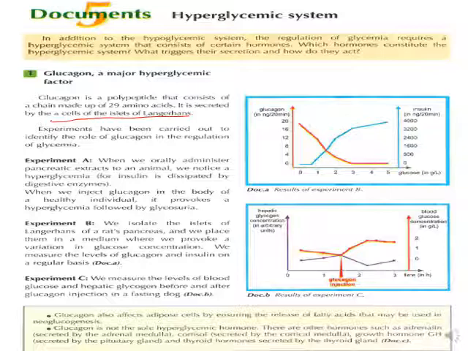Experiment A. When we orally administer pancreatic extracts to an animal, we notice a hyperglycemia, for insulin is dissipated by digestive enzymes. When we inject glucagon into the body of a healthy individual, it provokes hyperglycemia followed by glycosuria.